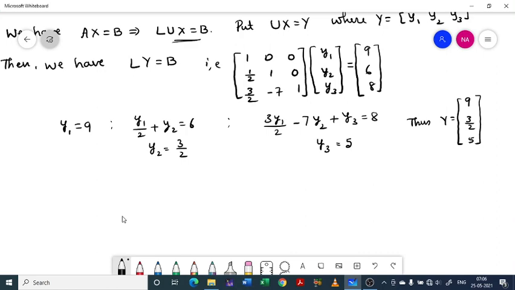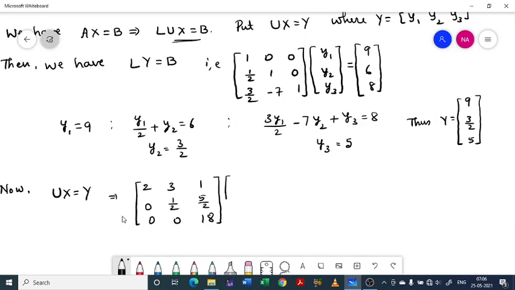Now, oh, sorry, not LY equal to B. UX equal to Y. We have determined Y, so UX equal to Y. This implies U, which is 2, 3, 1, 0, 1 by 2, 5 by 2, 0, 0, 18, times x, y, z, equal to 9, 3 by 2, 5.